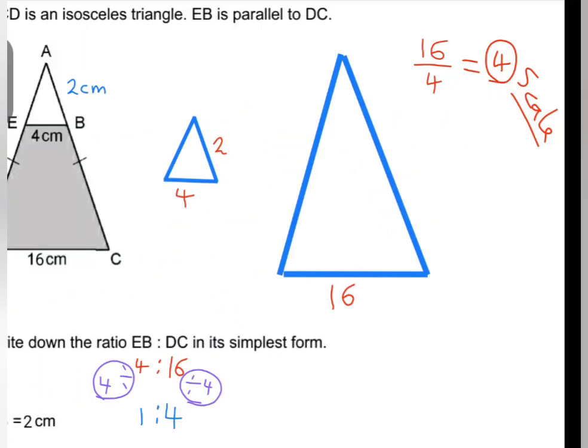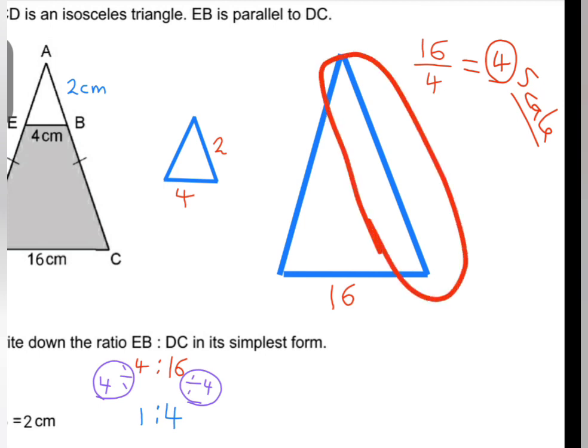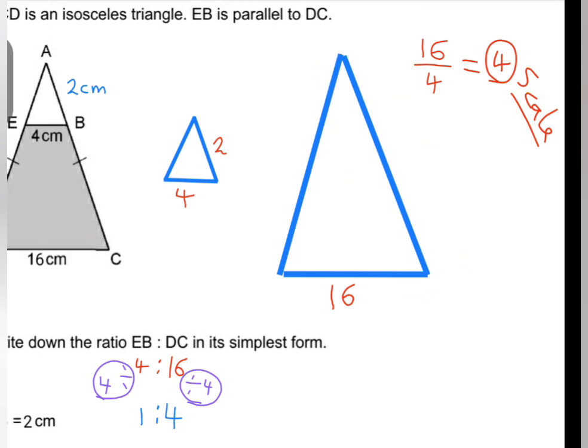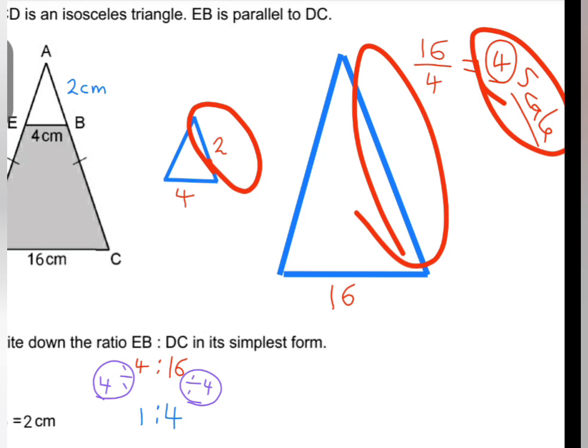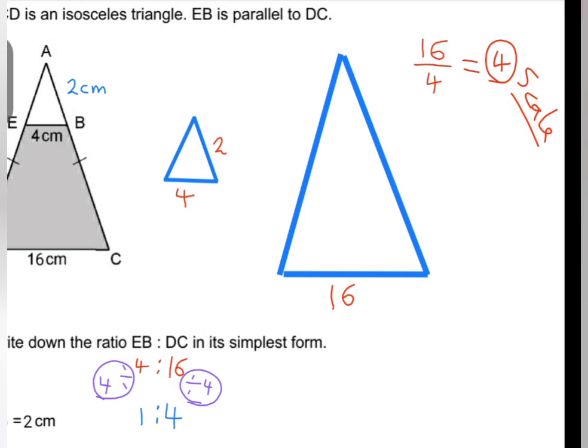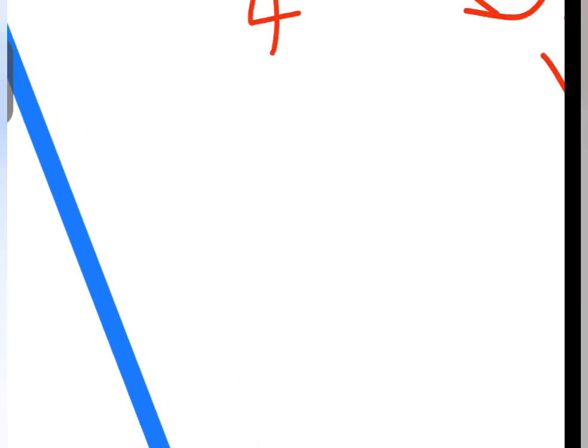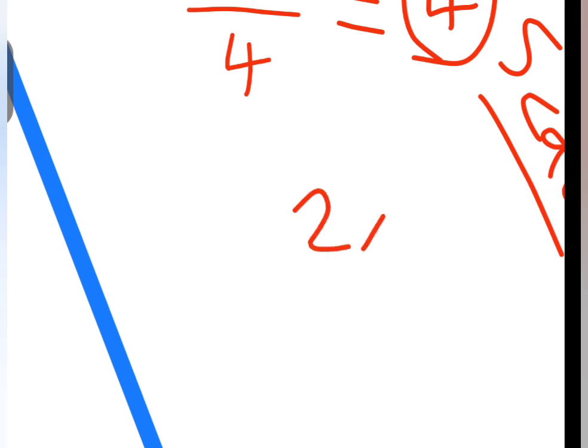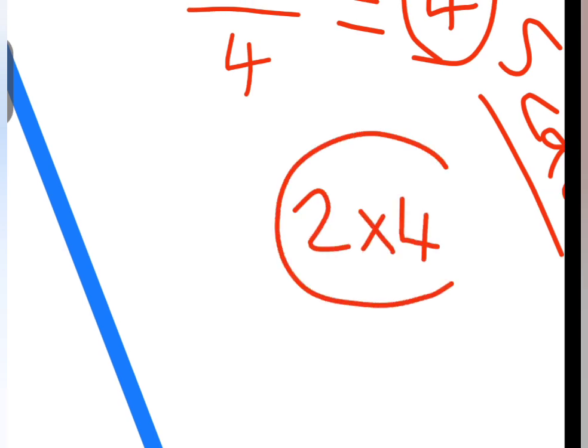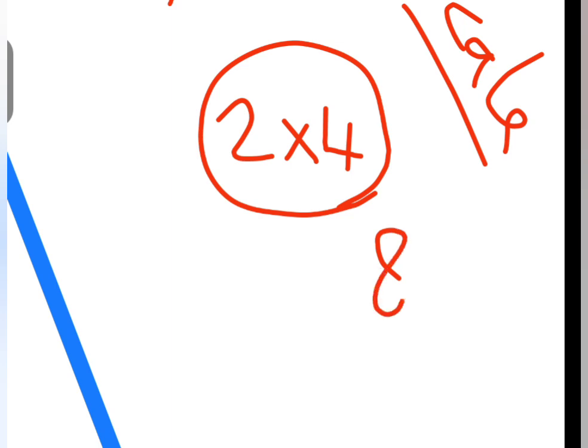Now, we're going to use the scale factor to find this side. As we said before, when we find bigger sides, what do we do to the scale factor? Very good, we multiply. So we multiply this side by the scale factor, we will get this side. So 2 times 4 equals, good job, 8.